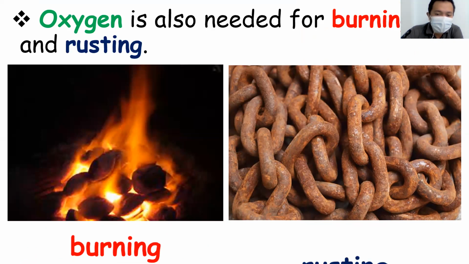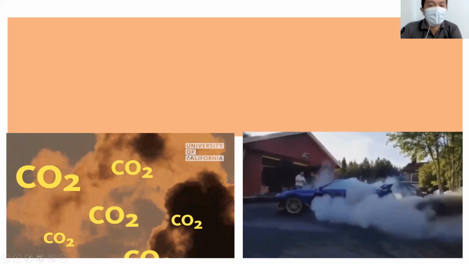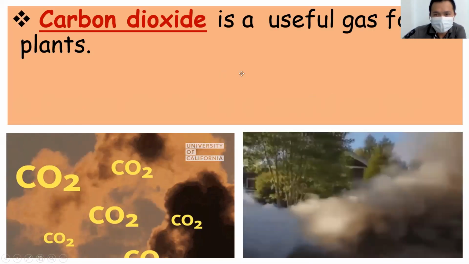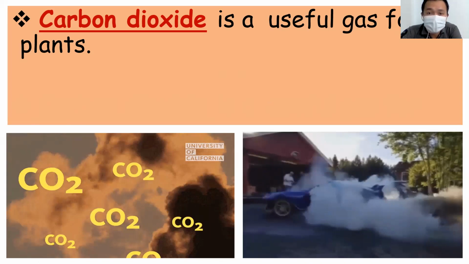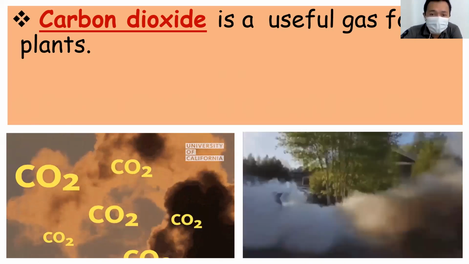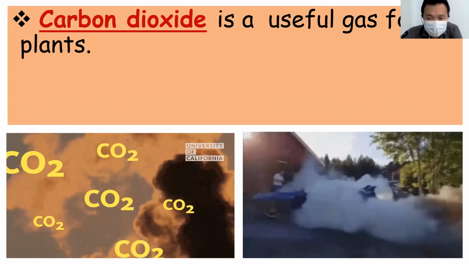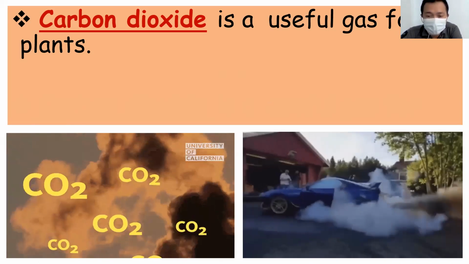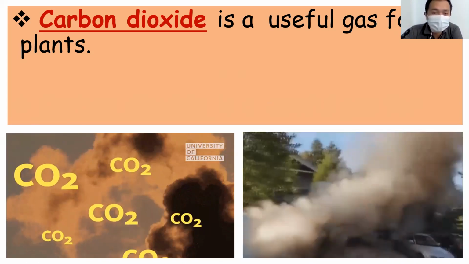So next one. Right, so here, carbon dioxide is a useful gas for plants. Remember that carbon dioxide is very useful for the plants, because the plants process it in the process called photosynthesis in order for them to make food and grow fast and produce oxygen for the people and the animals.